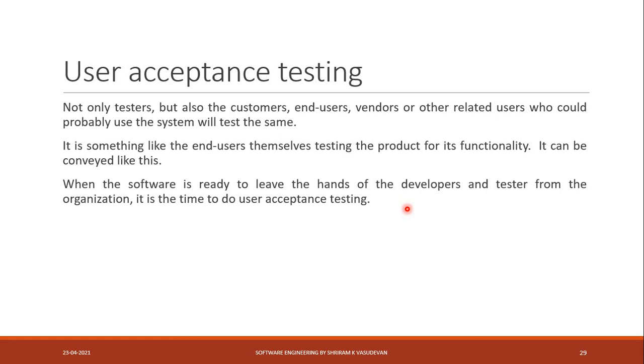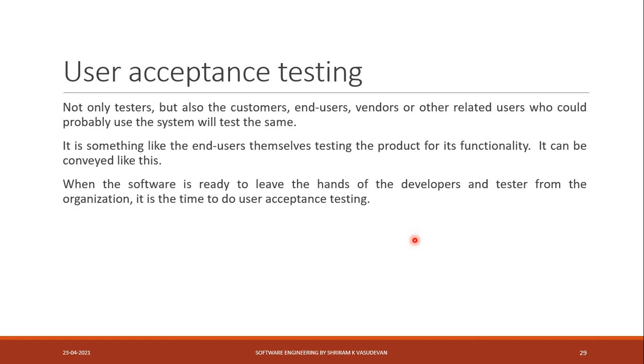What is user acceptance testing? Testers or developers need not just go ahead with testing it. The customers, the end users, the vendors can also test it. If the end users are testing it and finding some bugs, you should be ready to definitely identify that.